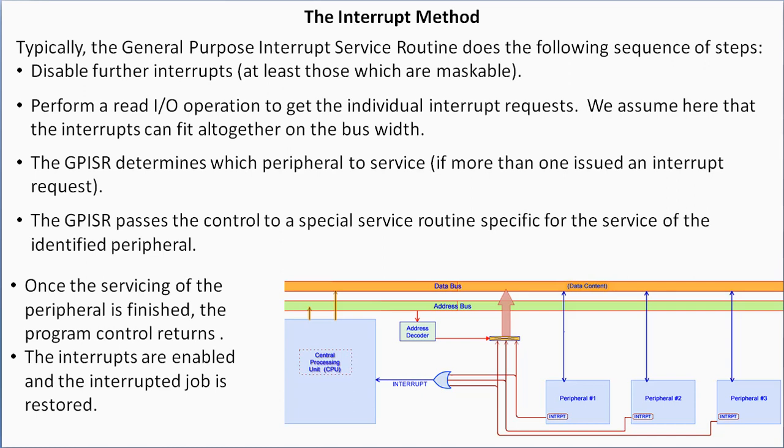Once the specific service routine for that peripheral finishes its job and the peripheral has been serviced, the program control returns, as discussed again in returning from jumps. Upon return, the interrupts are enabled if they were disabled, and the interrupted job is restored.